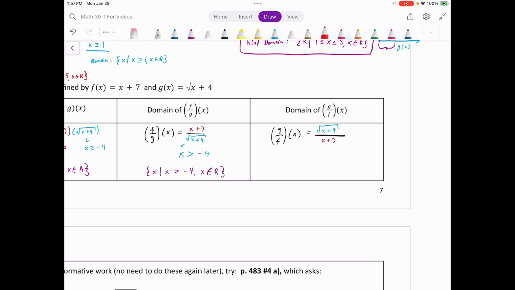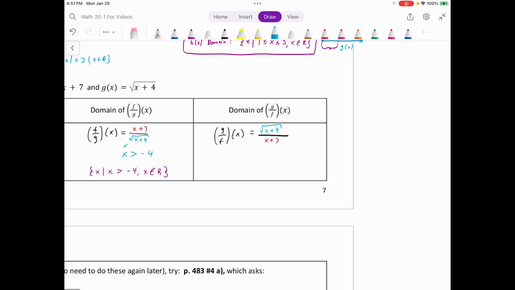Now again, we are taking the square root of this stuff. So this is going to show us we need x plus 4 to be greater than or equal to 0, and therefore x still needs to be greater than or equal to negative 4. Our numerator hasn't changed it. We've gotten 0 back, so to speak, compared to this example, because it's okay to have 0 in our numerator.